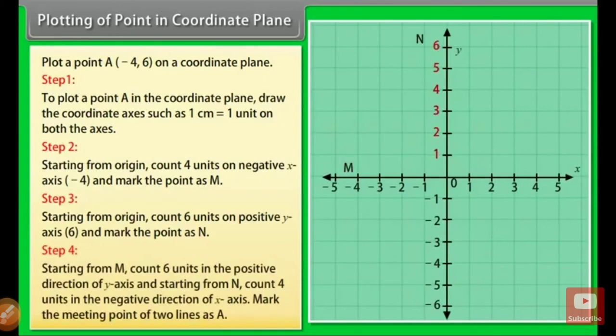So the first step is, we have to draw the x-axis and y-axis over the graph paper, and we also need to write their numbers.